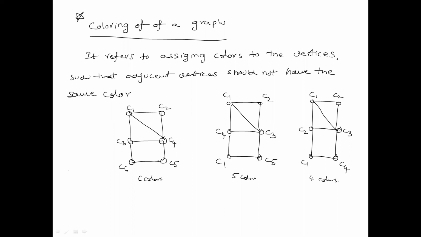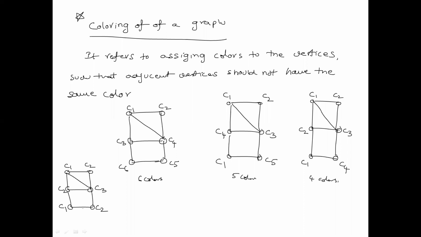Now tell me whether it is possible to color the same with 3 colors? Is it possible with 3 colors? Yes. Color 1 to this, color 2, color 3. Then color 2 can be given to this. Then color 1 can be given to this. Then color 2. Okay.